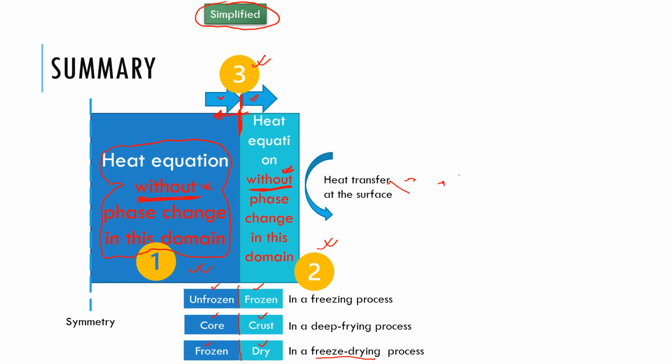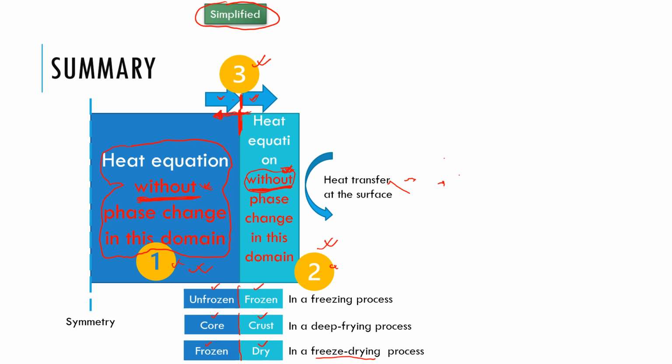So we know the temperatures in these two zones, 1 and 2. So from that we can get these two fluxes and relate it to the velocity of the interface. So that's all we needed to know, is the location of the interface. And then we can do these problems.